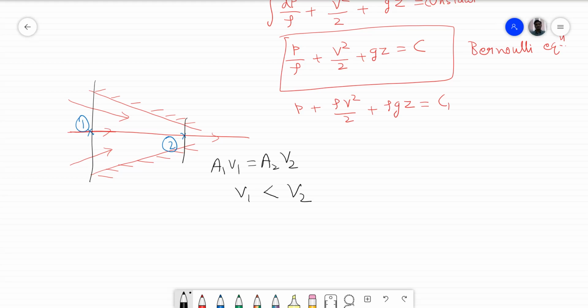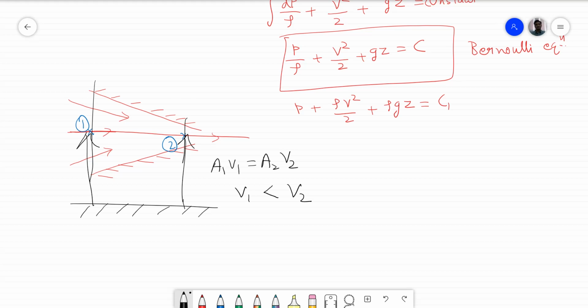So to see that, let us see the Bernoulli's equation. If you see this streamline, along this streamline, the elevation Z from a reference plane is not changing.